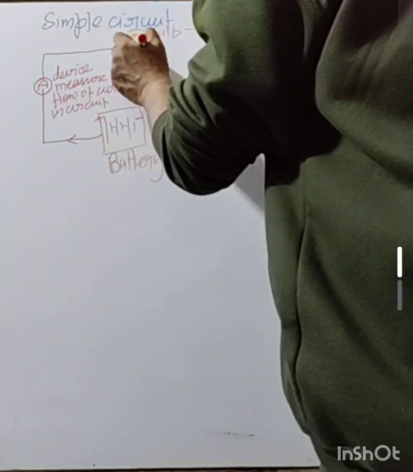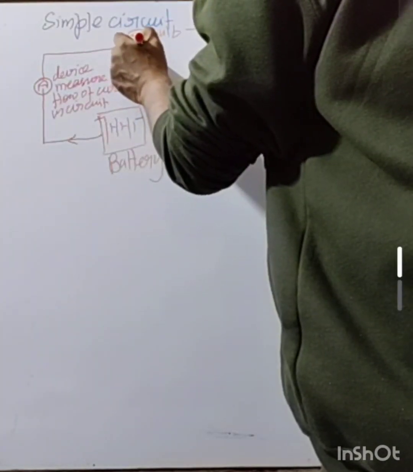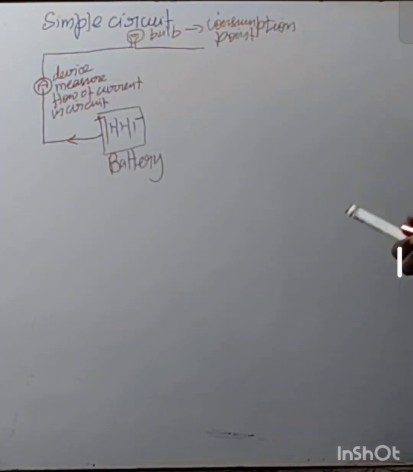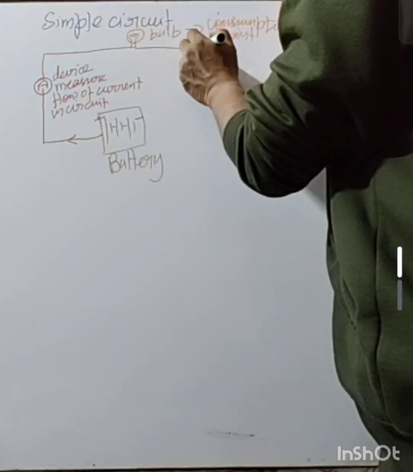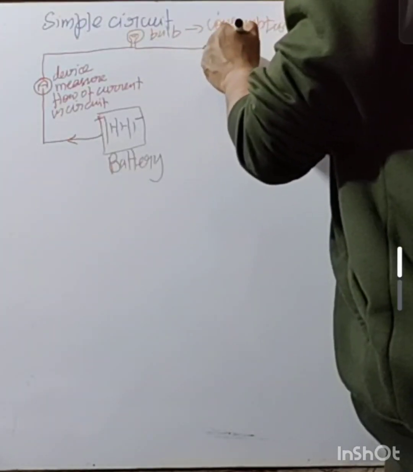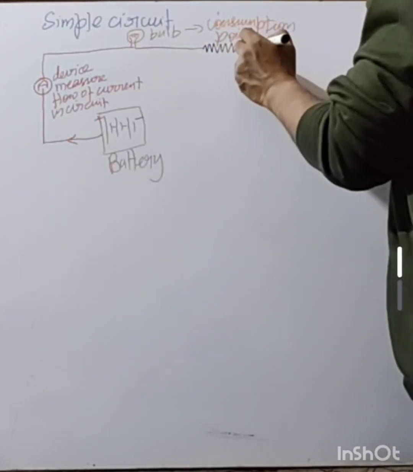Then we further continued, right? And this is called a rheostat.